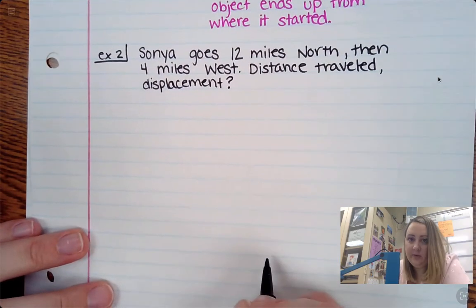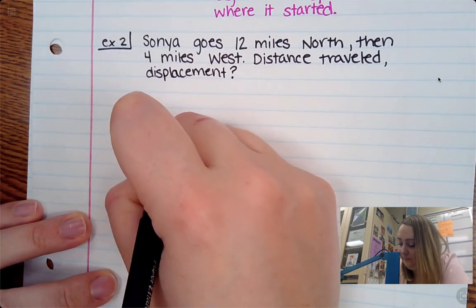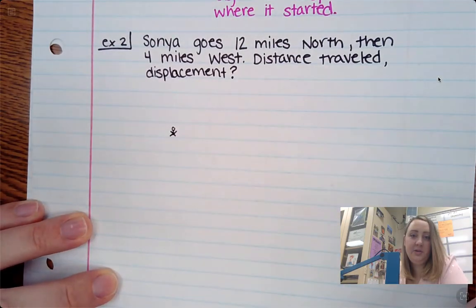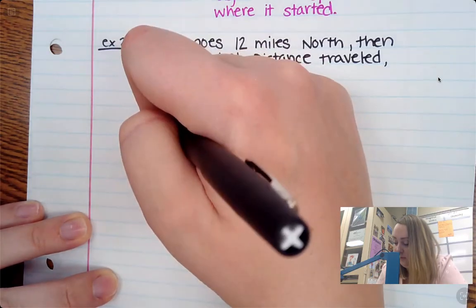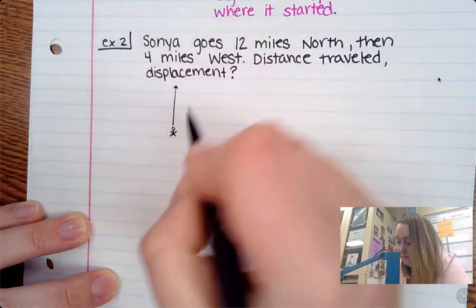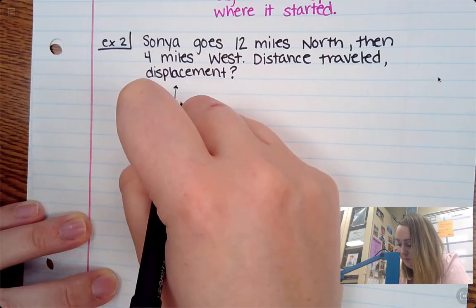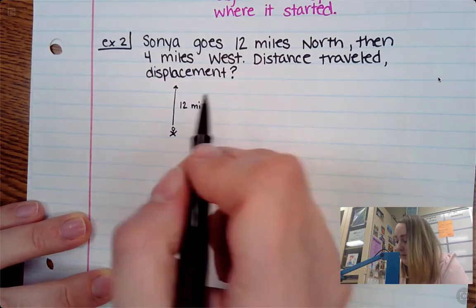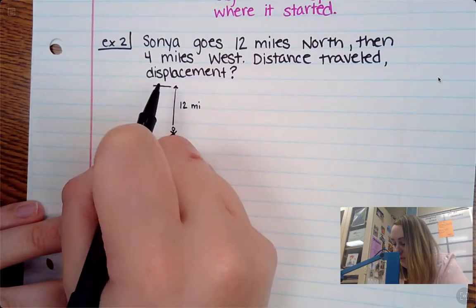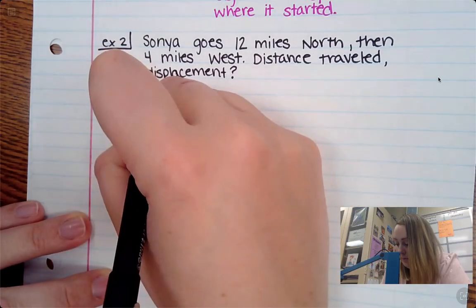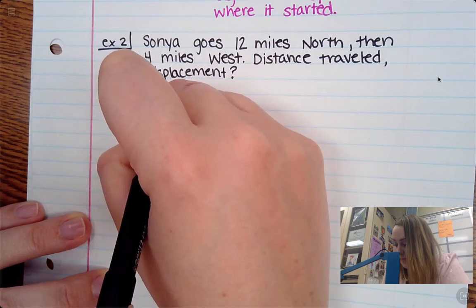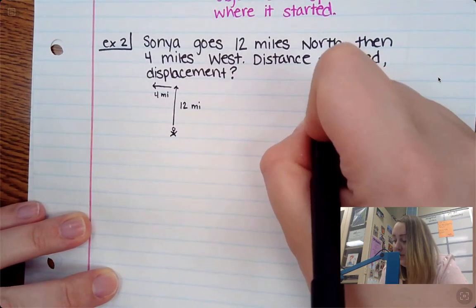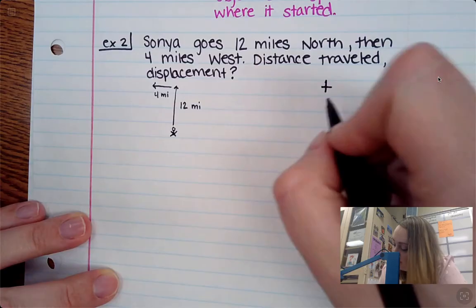So we're always going to draw this. There's where she starts, 12 miles north. And then 4 miles west. And if you need to, you can always make a compass at the top of your paper.